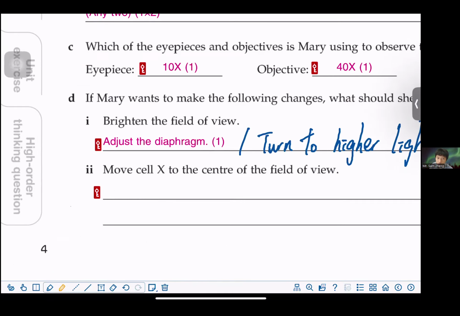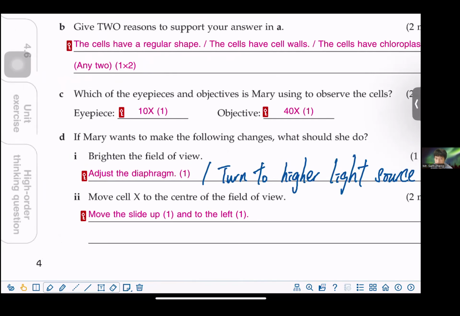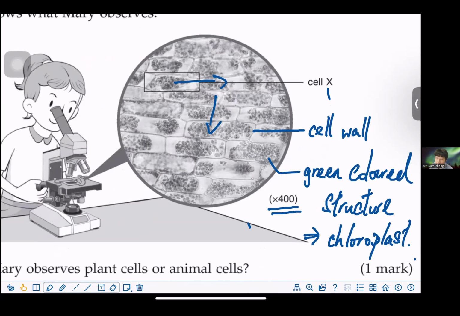First, move the slide to the left, and then move the slide upward. Why? Because the image is inverted. If we turn our paper 180 degrees, then we can see that in order to make it move in the correct direction, we need to move the slide to the left and upward. Is it okay for that?